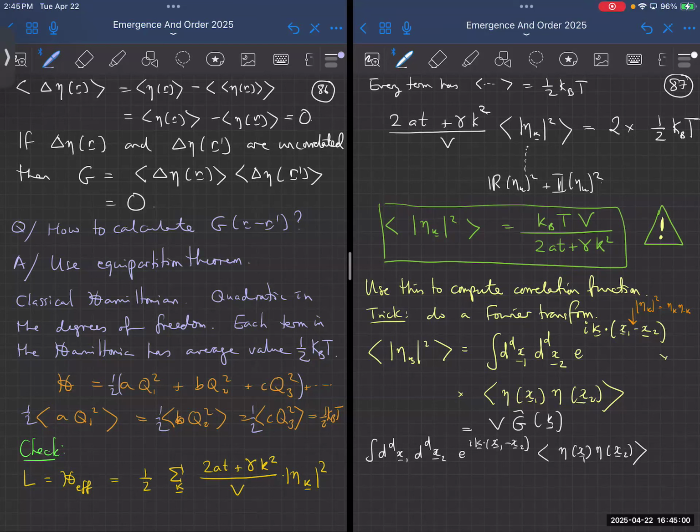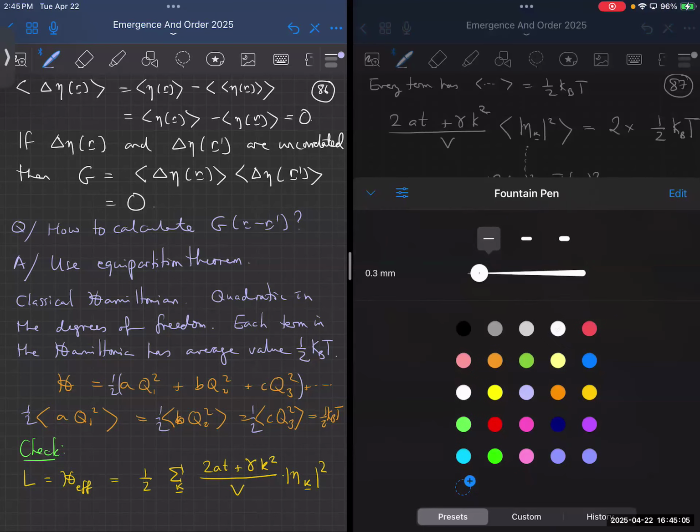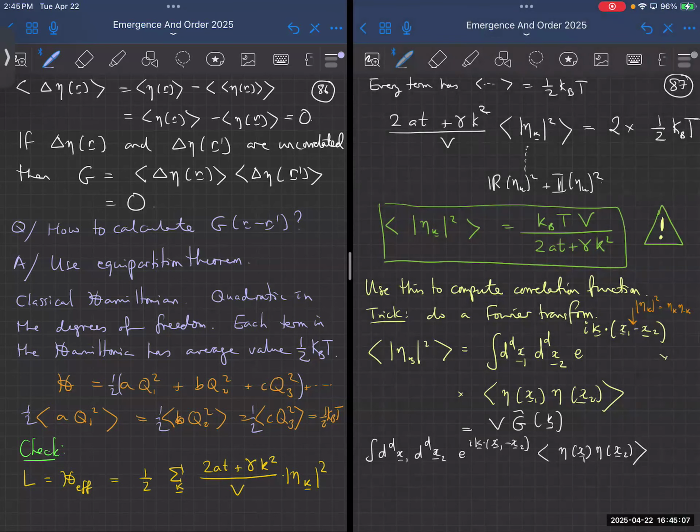So how do I do this integral? Well, I'm going to pretend that this integral over dx1 doesn't exist, so I'm going to cancel that out. I'm just going to set x1 equal to some fixed value, let's say the origin.